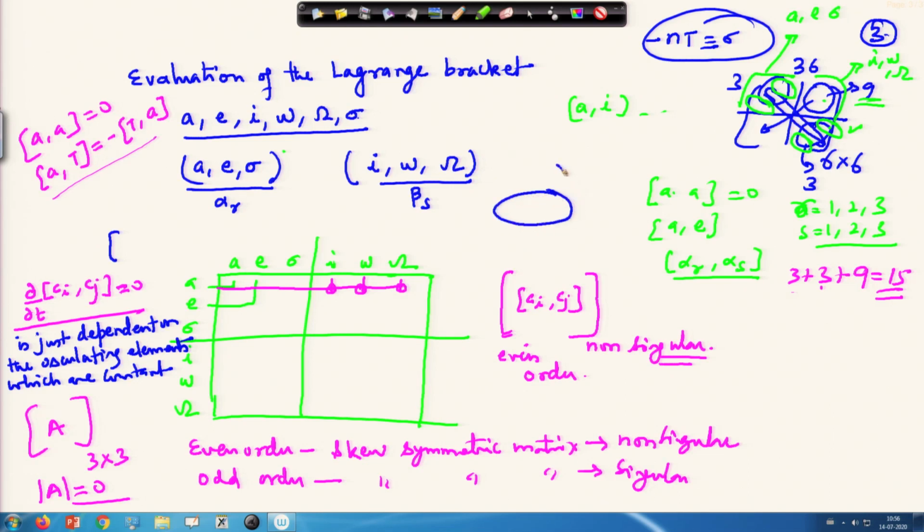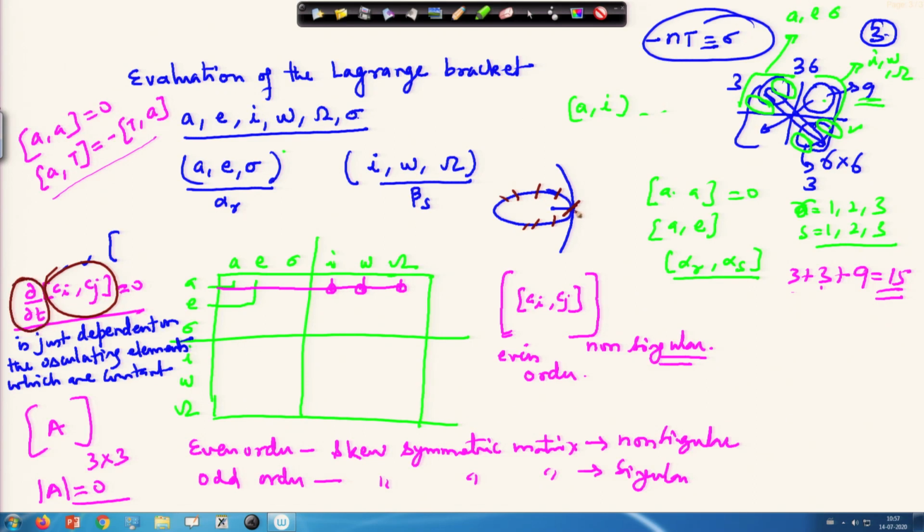What I mean here is that if this quantity is independent of time, then this Lagrange bracket you can evaluate at this point or at this point or this point of the osculating orbit, and it is going to be the same, because it is not depending on time.